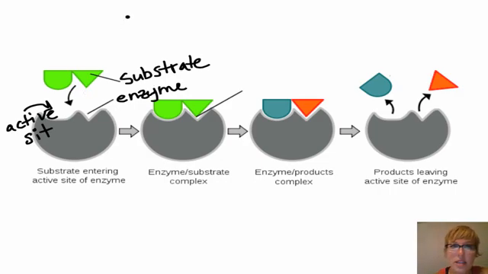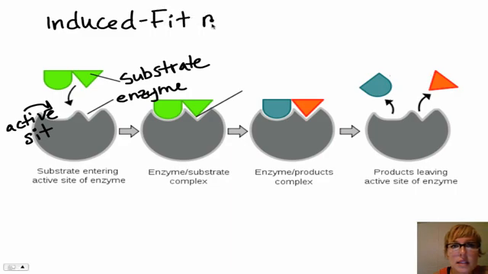Okay, and we call this the induced fit model. Now, what's meant by induced fit is the enzyme slightly changes shape to accommodate this substrate. So I'm going to write that down here.